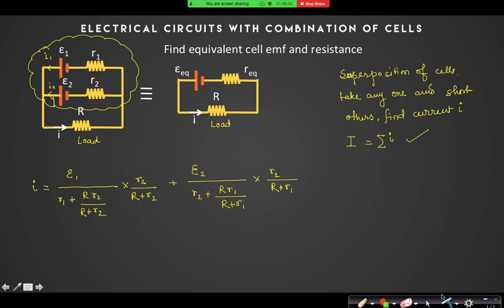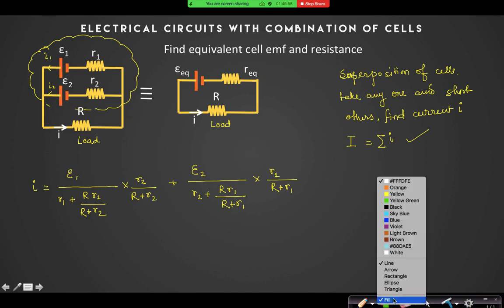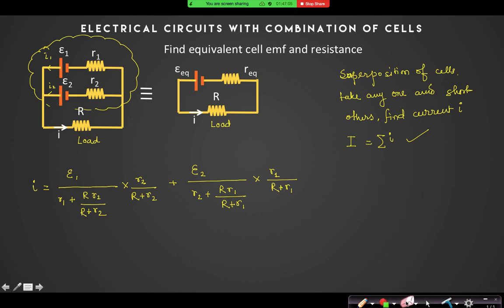Shorting means I have actually joined its higher and lower potential. So if I have shorted this cell, then the resistance of this branch is R2 and the resistance of this branch is R. Can you see now that this R2 and R are in parallel connection?